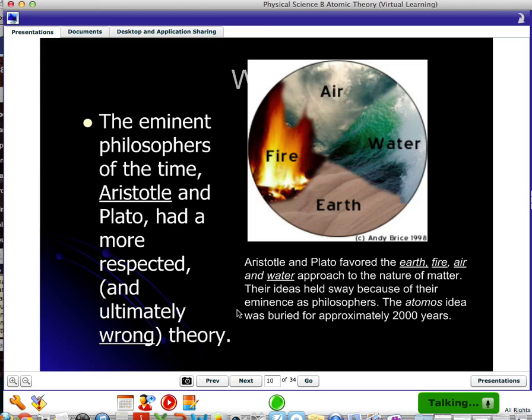Because they were very respected, this idea was more prominent in the scientific community than the small indivisible atoms.